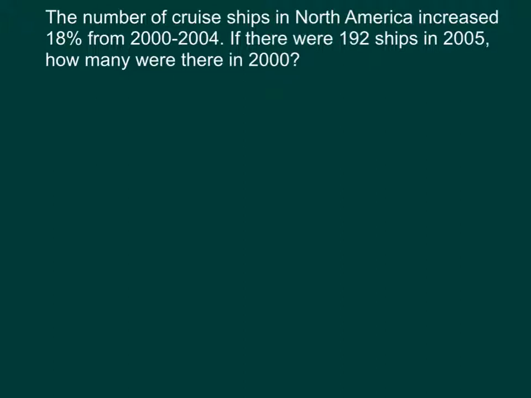So if we first identify our important information, we have 18%, we have 192, and so now we want to calculate the change. So we first want to set up the equation, and so we're going to let C be the number of ships in 2000. So the number of ships in 2000, and this is actually what we're solving for.